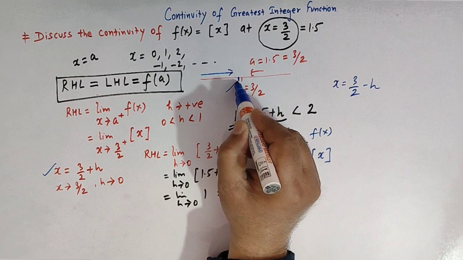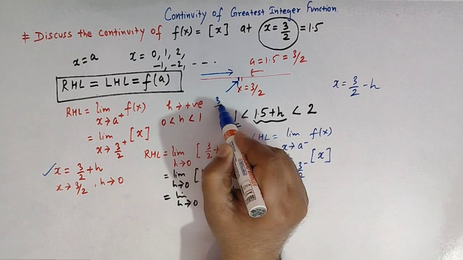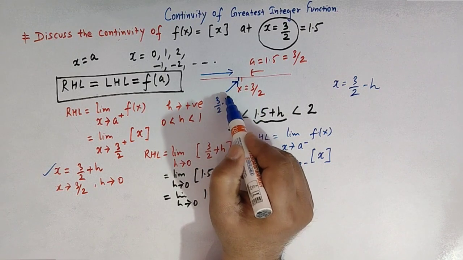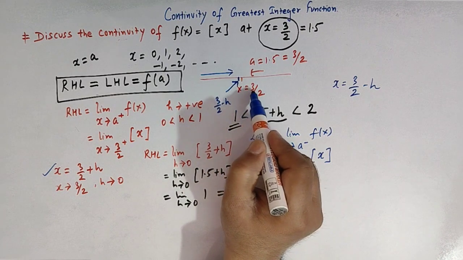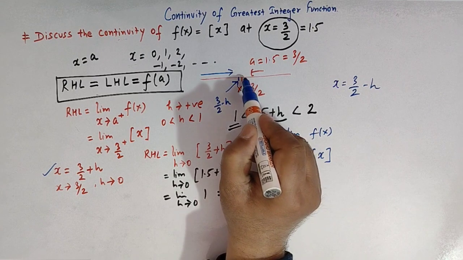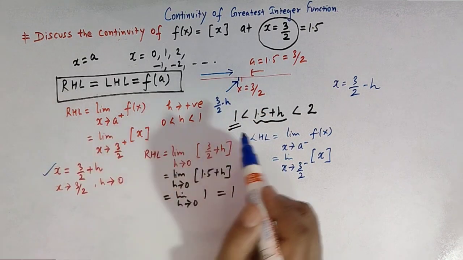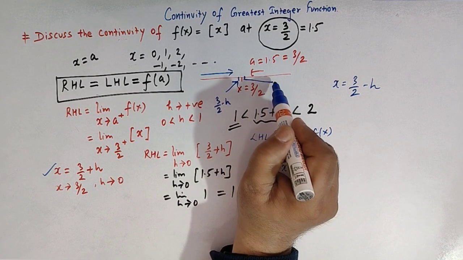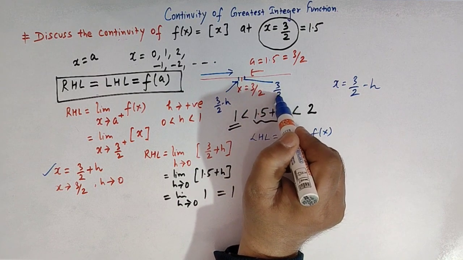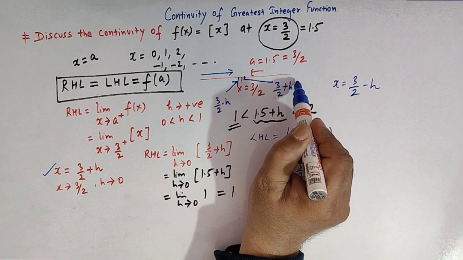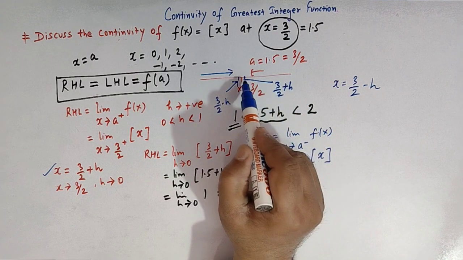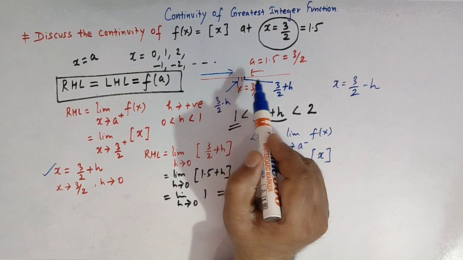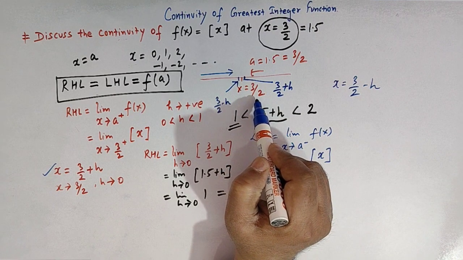So this point is actually 3 by 2 minus h, and this point is very close to x is equal to 3 by 2. Similarly, in case of right hand limit, this point was 3 by 2 plus h, and again it is very close to x is equal to 3 by 2, right?